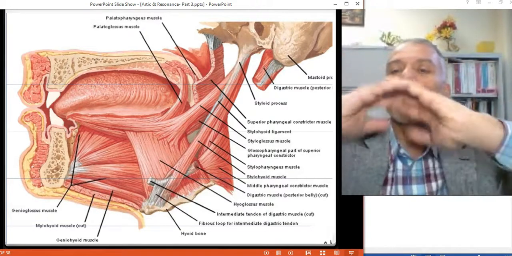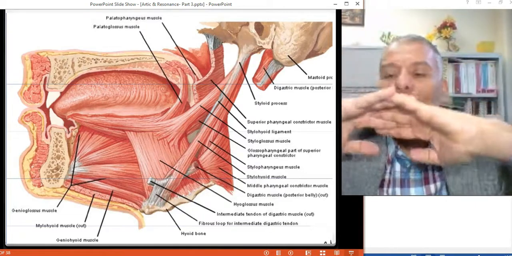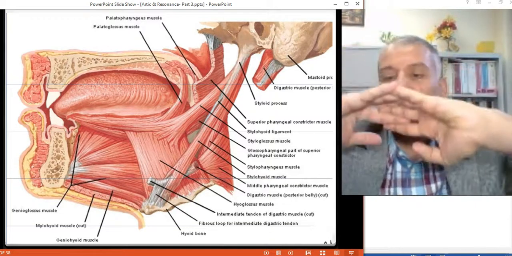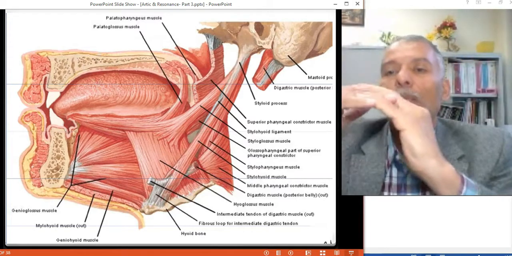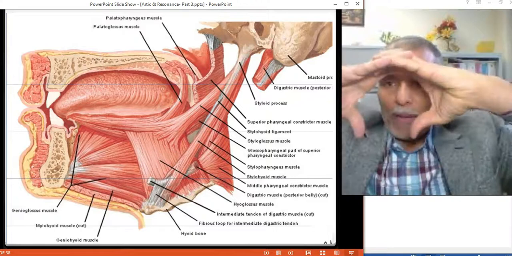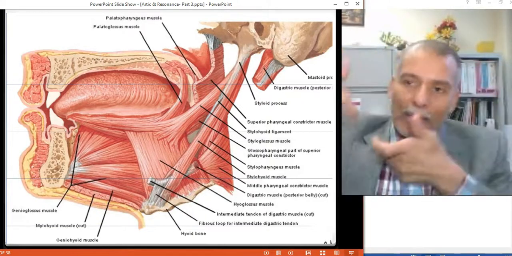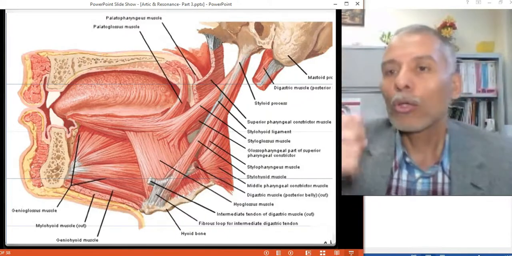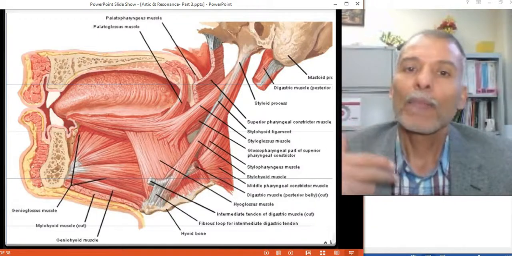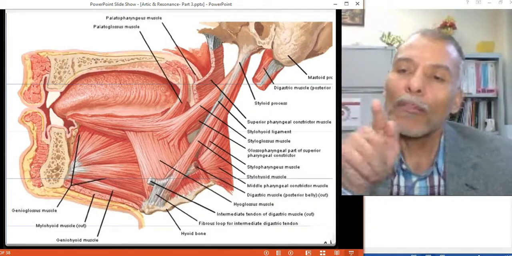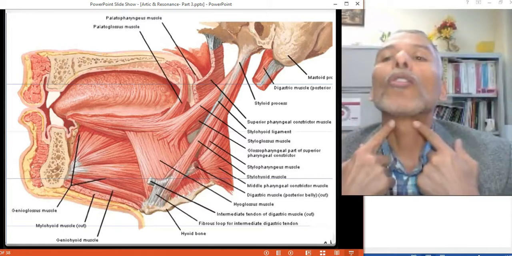So they form part of the velum itself, part of the roof of your mouth. And then the other fibers go downward and posteriorly and insert onto the pharyngeal muscles. And some of the fibers insert onto the posterior margins of the thyroid cartilage.